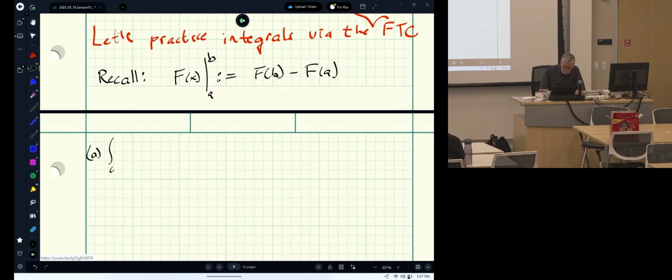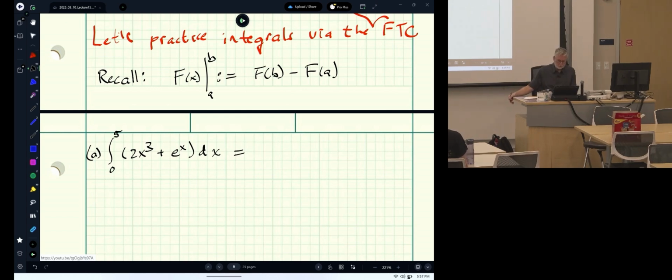So let's compute the integral from 0 to 5 of 2x cubed plus e to the x dx. So if we're doing it via antiderivatives, what do we have to do? We find an antiderivative of the monomial. So we raise to the power and divide by the power.